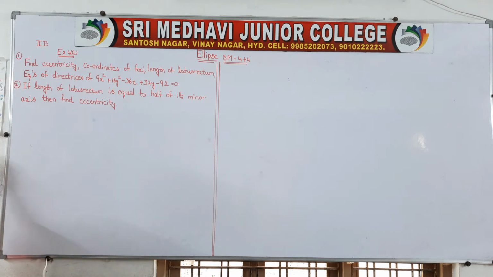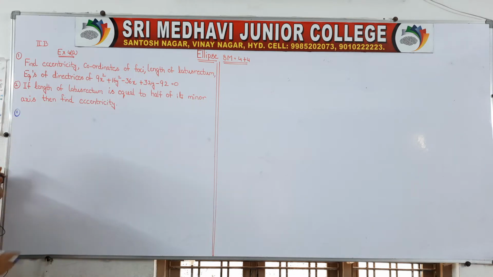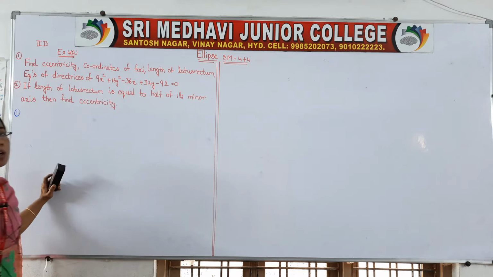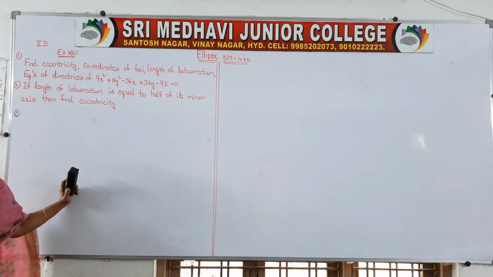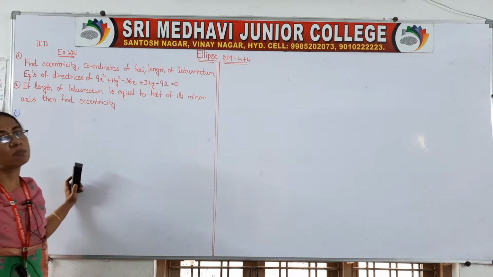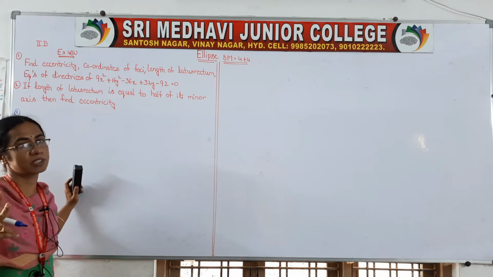First question: find the eccentricity, coordinates of foci, length of latus rectum, and equations of directrices of this equation. So one equation is given to you. I already said to you how many forms of ellipse there are. There are four forms of ellipse. If only the x square term and y square term are there, that is the first two forms, right?